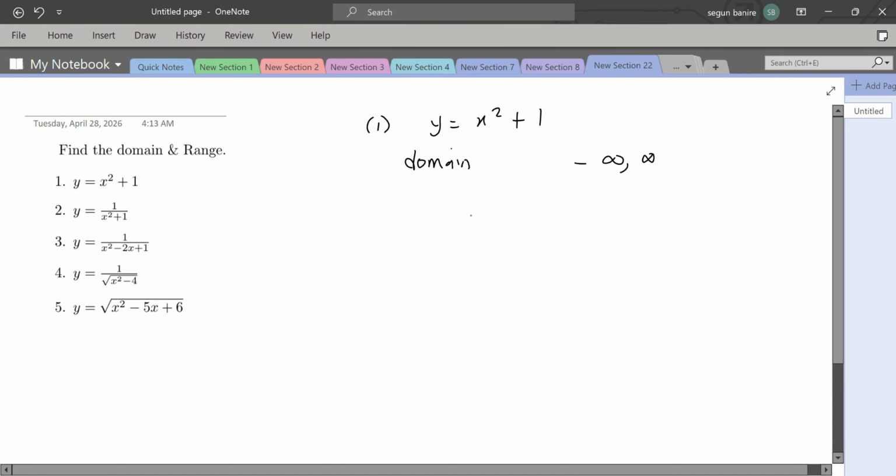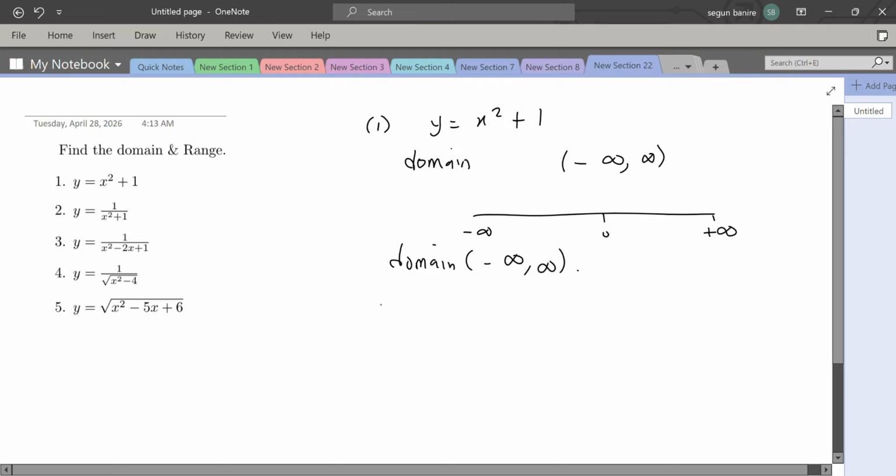The real line is like this: you have 0, then negative infinity and positive infinity. Is there any number you can put on this line for which the function will give an error? If there is no such number, the whole set becomes the domain. So the domain of this question is automatically minus infinity to positive infinity.